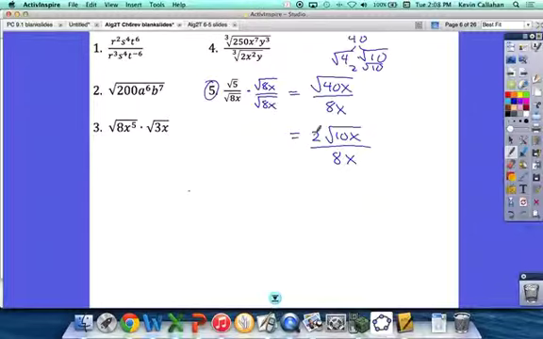This 2 divides into that 8, right? We can't touch the 10, that's underneath the radical, but we can definitely go the square root of 10x over 4x. And that's simple, right? You can't cancel the x's. You can't cancel the 2's and the 4 and the 10. That's the simplest answer.